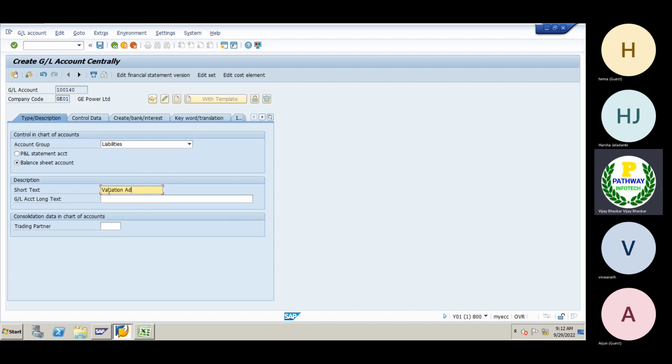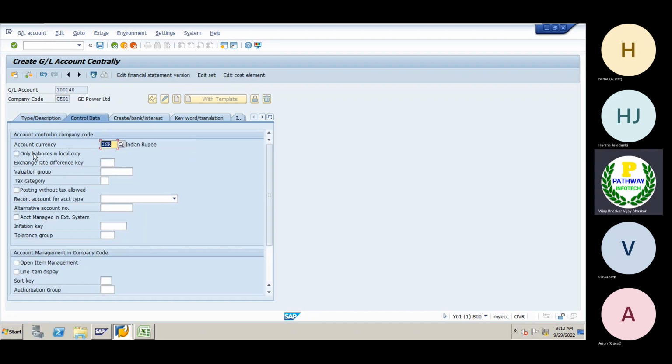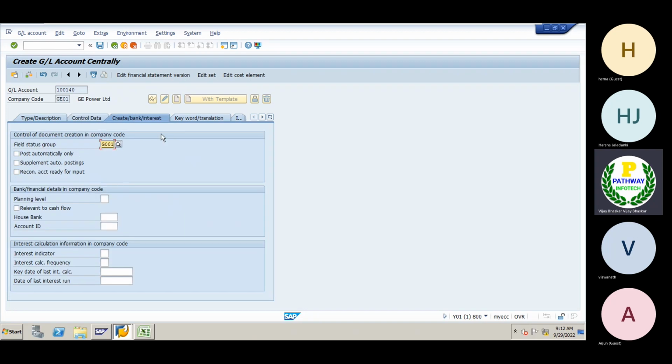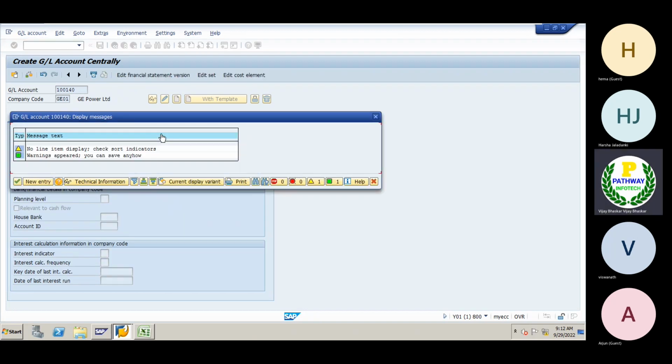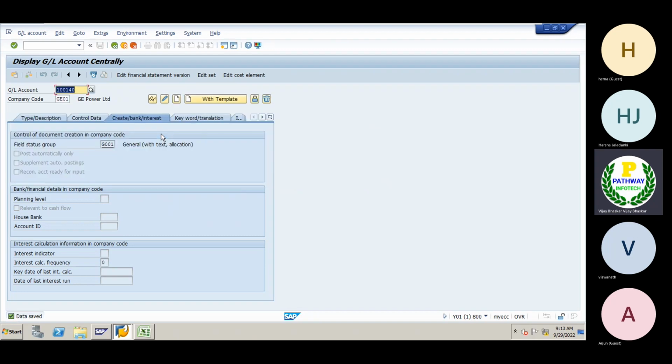Valuation adjustment account. So the valuation adjustment account is a balance sheet account, as I told. Then come here, only balances in local currency. Then here is the 001. Then save it. Now we have created the necessary GL accounts.